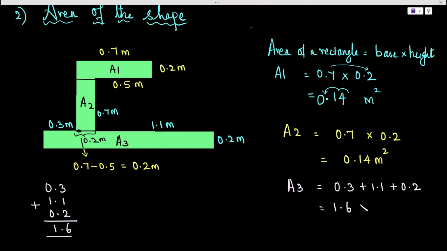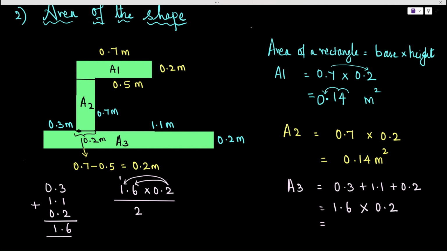And we multiply this with our height, which is 0.2 meters. And so we're going to approach this the same way. So we have 1.6 times 0.2. 2 times 6 is 12. So we write our 2 and we carry our 1. 2 times 1 is 2.